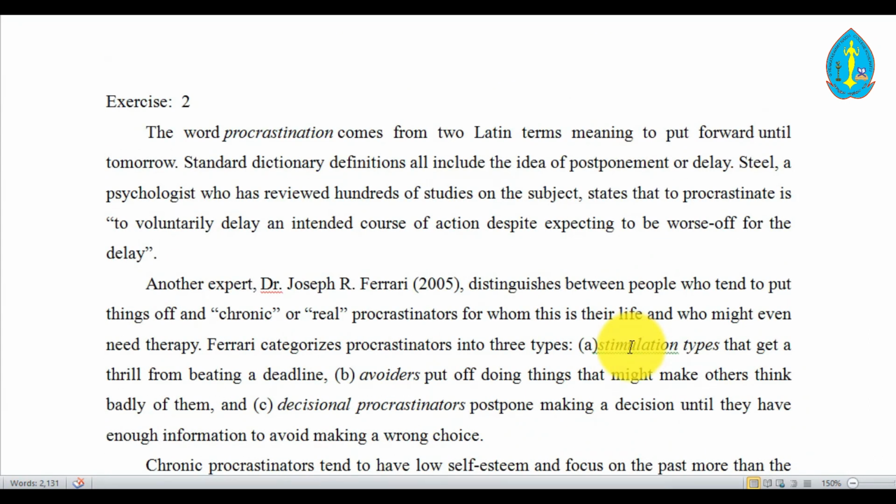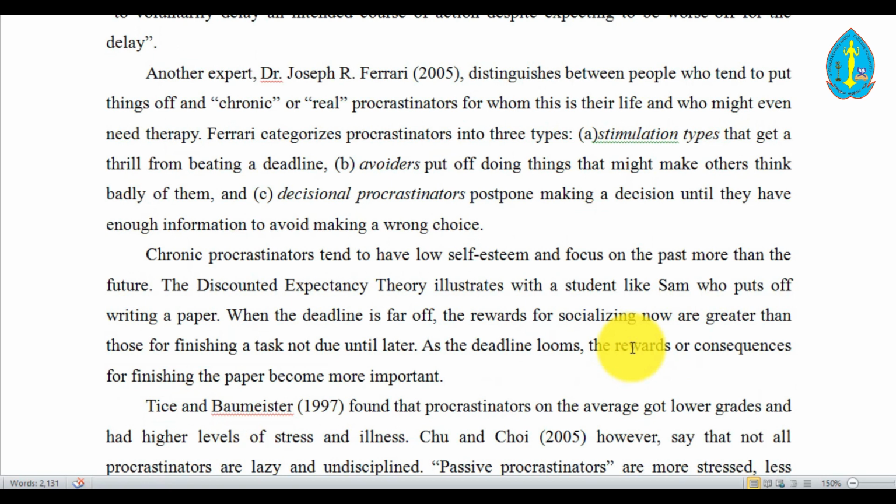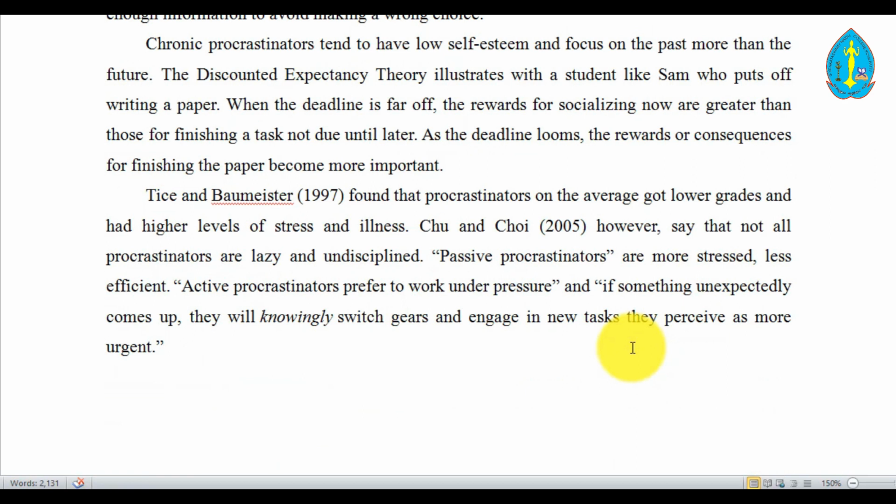This is exercise number 2. Fine, and do read it. And if you have any queries, do send me a reply. I'll definitely help you understand what is note making and clarify your doubts.